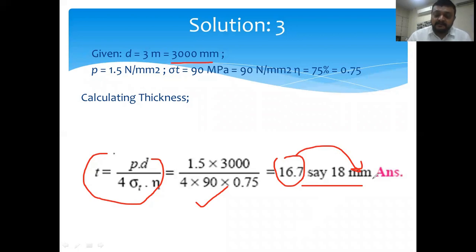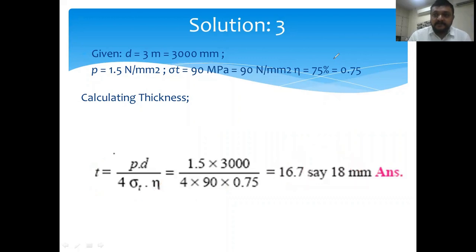And the next standard size may be 20 mm, maybe 21 mm, maybe 22 mm, depending upon the design of the preferred number. So you also have to consider the standard dimensions available in the industry during the design process. Otherwise, it is very difficult to find those particular dimensions for the thickness of the pressure vessel. So that error should be avoided in such cases.